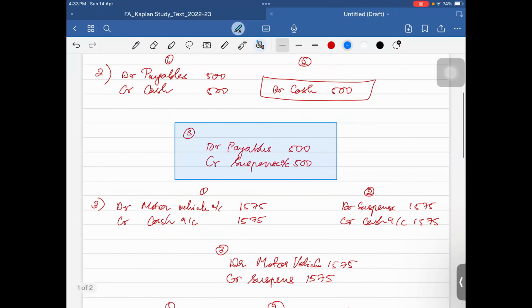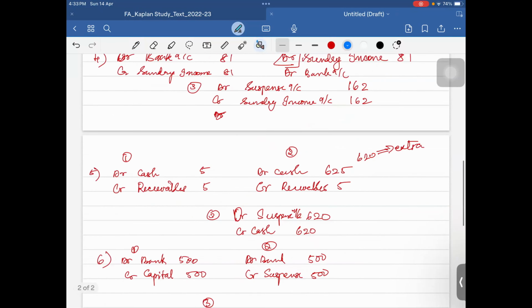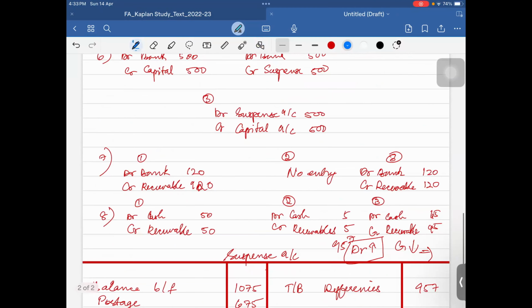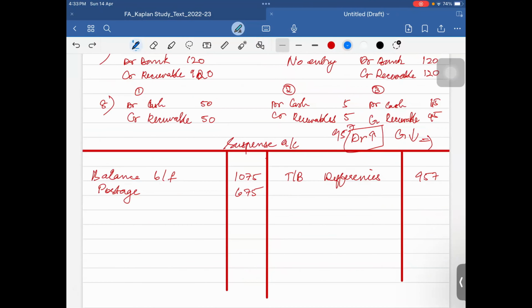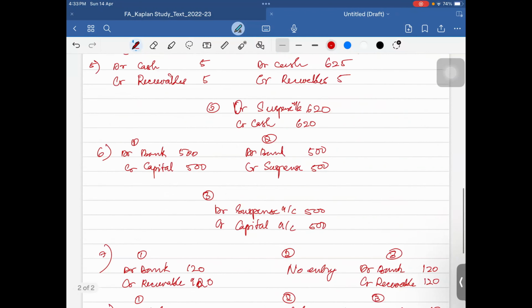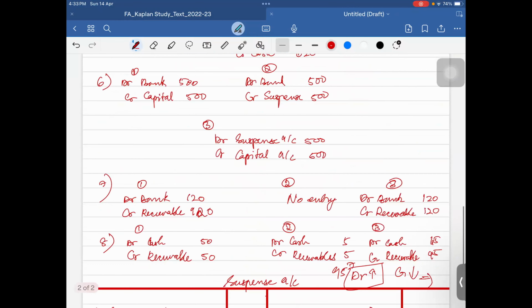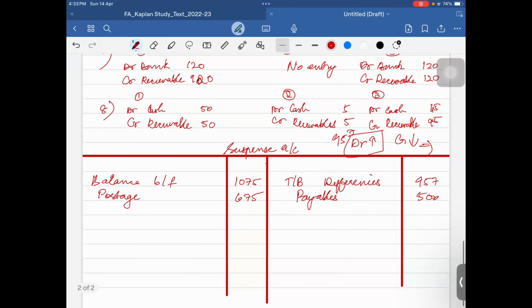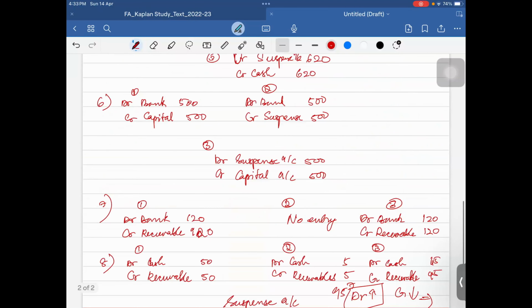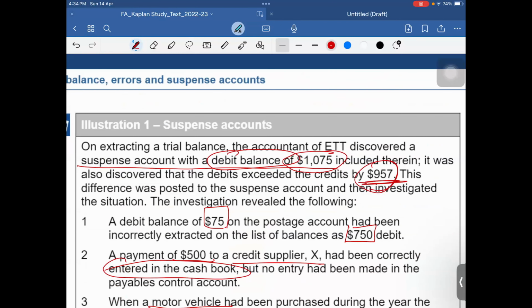So whatever happens goes on the credit side. That is trade payables, right? By how much? 500. Clear? Now, in a lot of questions, this might not be there. If it is there, you have to take it. If it is not there, no need of taking it. All right?